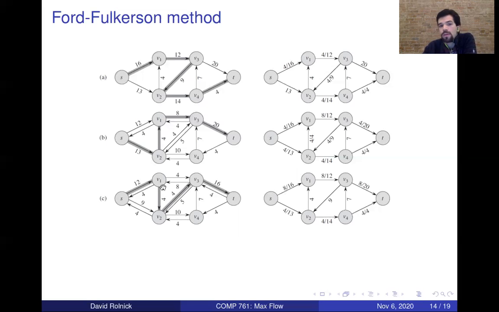We create a new residual network here, and here is an augmenting path. And again, there seem to be a lot of 4s going on. We can take 4 here. Notice that when we're taking 4 here, this is actually canceling out the flow that we originally took in this direction. That's why we can take this 4 in this direction, and we end up with another flow here. Any questions?